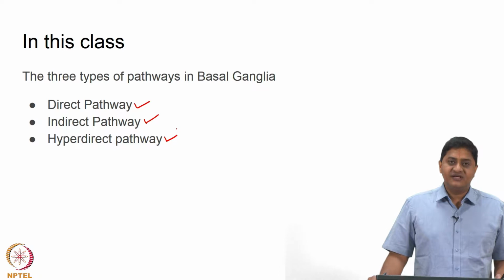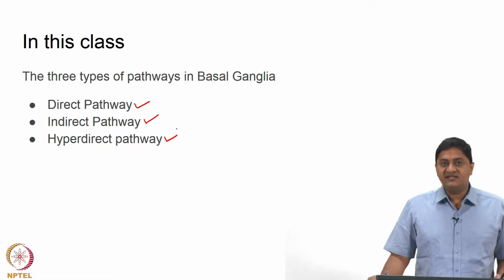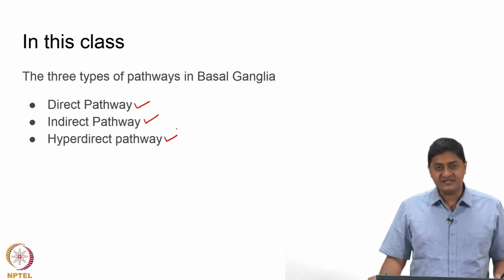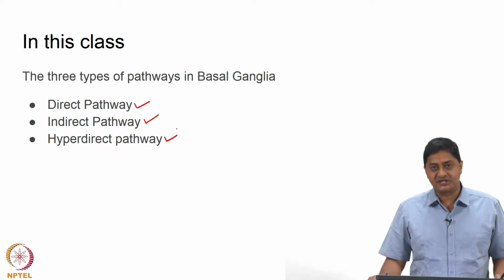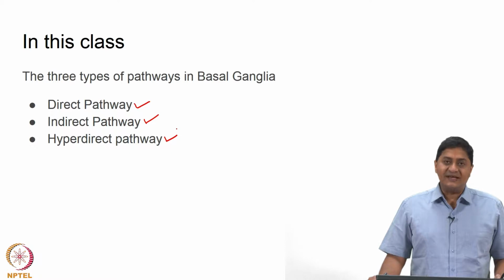Before we discuss the details of this, I think it is important to realize that these present some model of basal ganglia function. This is not a complete description of basal ganglia function. A lot of function of basal ganglia can be explained with the help of the direct and indirect pathway model.